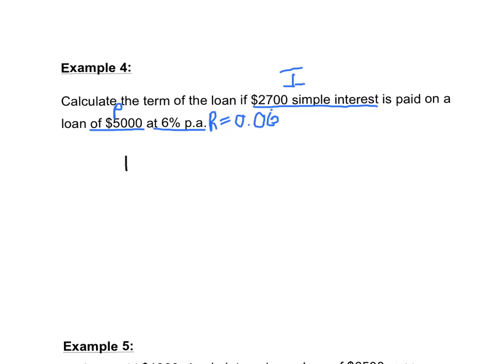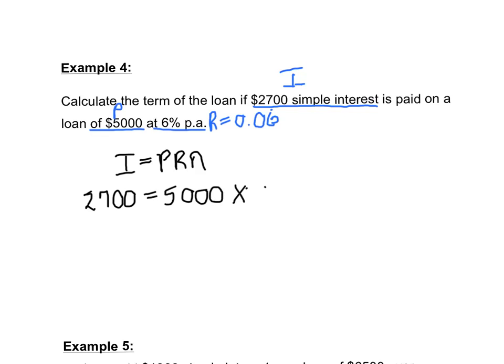I write down the formula for simple interest again, and I substitute the values that they have given me. The amount of simple interest is 2,700. The principal is 5,000. The interest rate is 6% per annum. And I don't know N because the term of the loan refers to the number of time periods.